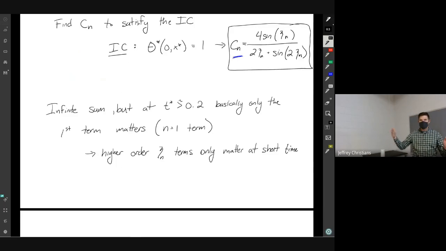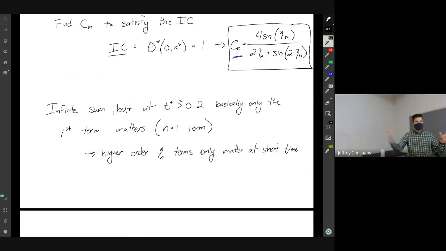If you want to accurately represent the initial condition, we need the infinite sum. To accurately represent a little ways after the initial condition, then we can use a fewer number of terms.